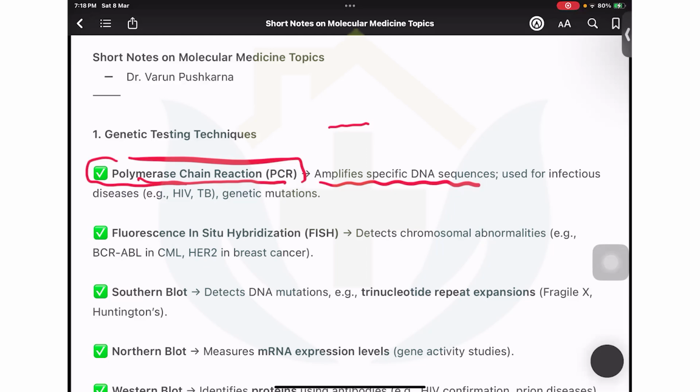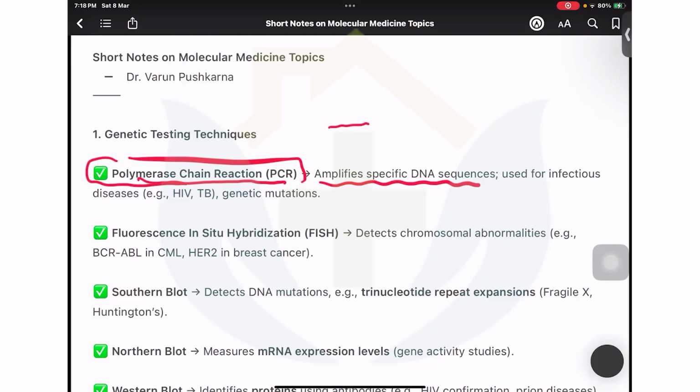We do culture of bacteria: we take the sample and put it into a petri dish, into a culture medium which we perceive would help the bacteria grow even more. In the same way in PCR, we take the DNA sample and put it into our medium, in which there are multiple nucleotides and nucleosides available for ready replication, and then we have a polymerase enzyme, DNA polymerase, in it.